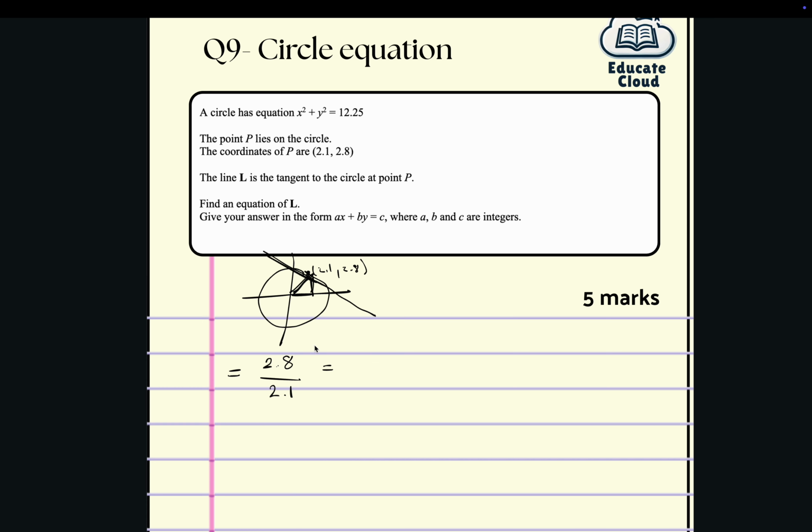Give me one second, I've just lost my calculator. Okay, let's just write it as 28 over 21, and then divide it by 7. So 4 over 3. So that's the gradient of this line. And then the gradient of the perpendicular line is going to be minus 3 over 4.